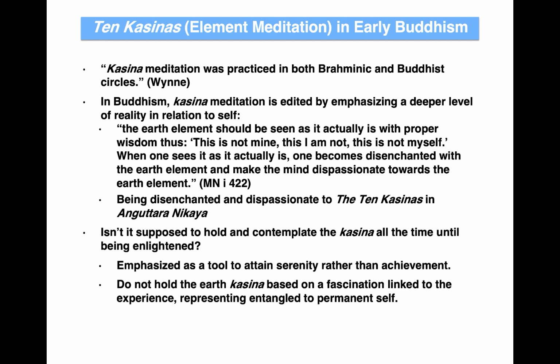Thus, this is not mine, this I am not, this is not myself. When one sees it as it actually is, one becomes disenchanted with the earth element and makes the mind dispassionate toward the earth element.